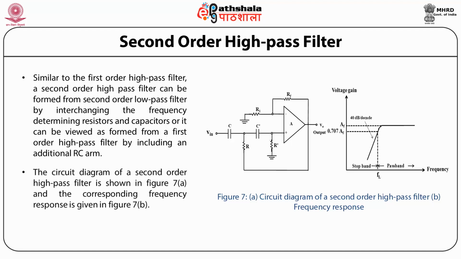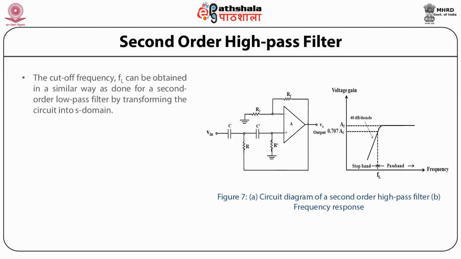The circuit diagram of a second order high pass filter is shown in the figure, and the corresponding frequency response is also described. The cutoff frequency fL can be obtained in a similar way as done for a second order low pass filter by transforming the circuit into S domain.